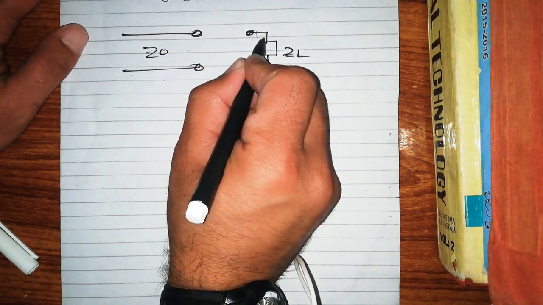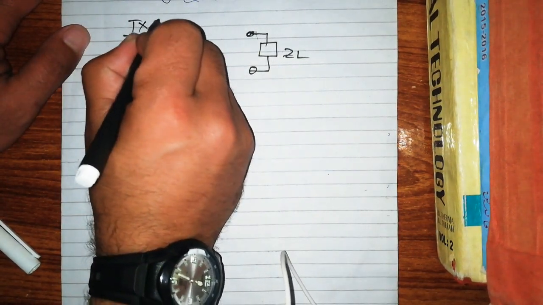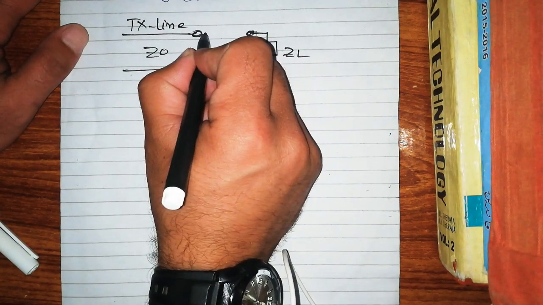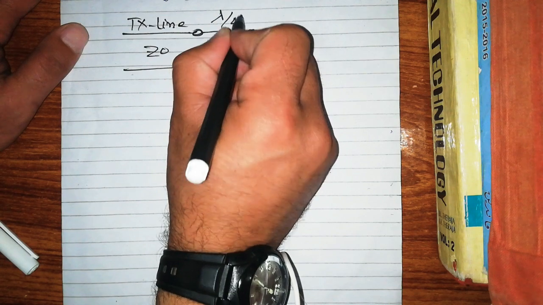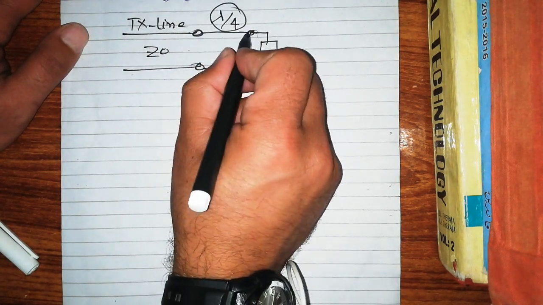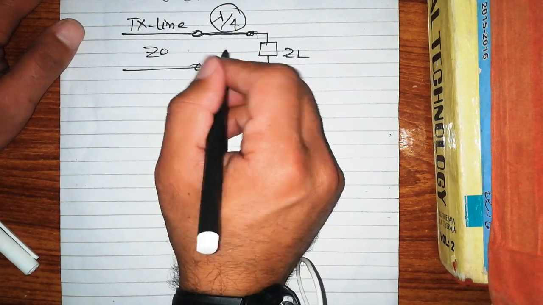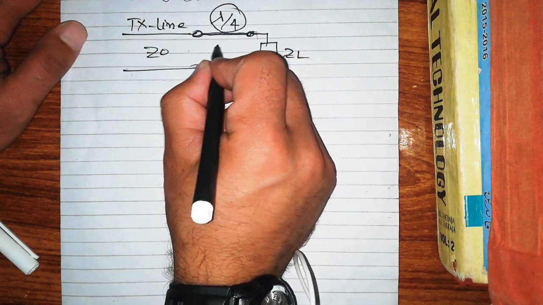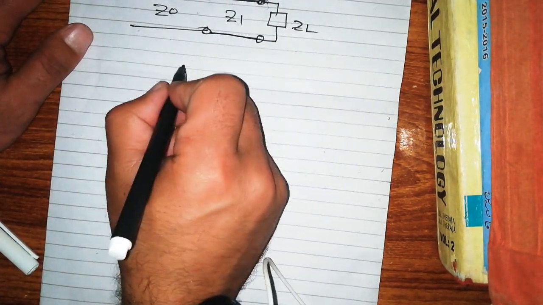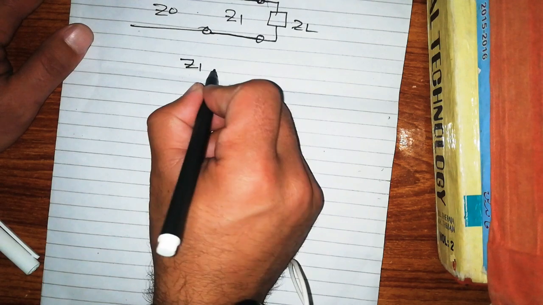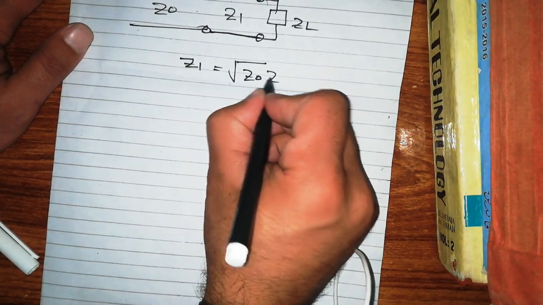In between this load and the transmission line, you will just connect a piece of transmission line with length lambda by 4, and the impedance of this piece of transmission line is, let's say, Z1, and this Z1 should be the geometric mean of Z0 and ZL.